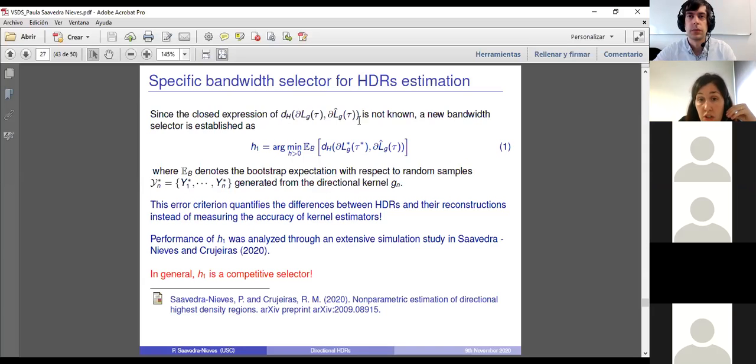However, this expression is not known, so we propose to estimate it using a bootstrap procedure, generating random samples from the directional kernel g_n. The performance of this bandwidth selector was analyzed in an extensive simulation study in this paper in the circular and spherical settings, and we check that in general this selector is competitive.